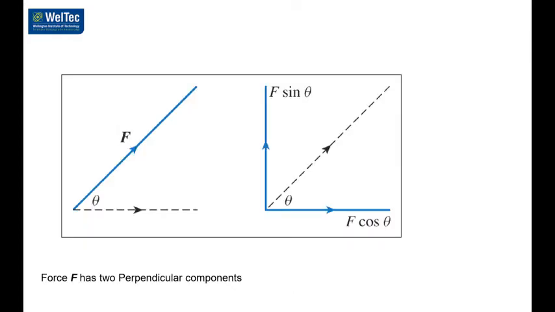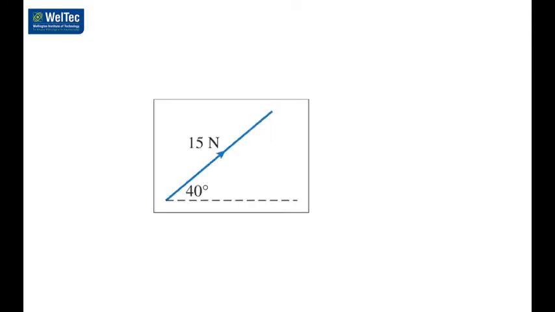What we can do is look at a force and decompose it into its two perpendicular components, F sine theta and F cos theta. Back with ordinary trigonometry now, to resolve this force into its two components, the horizontal component is going to be 15 times cos of 40. Work that out on a calculator, about 11.5, and that's going horizontally.